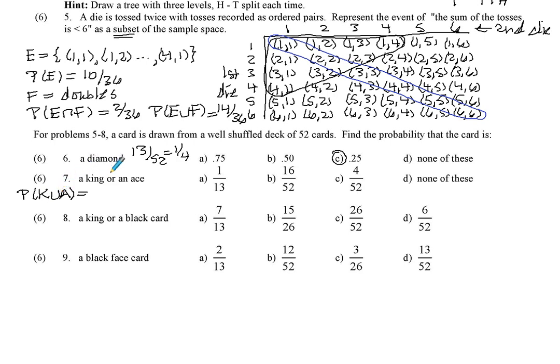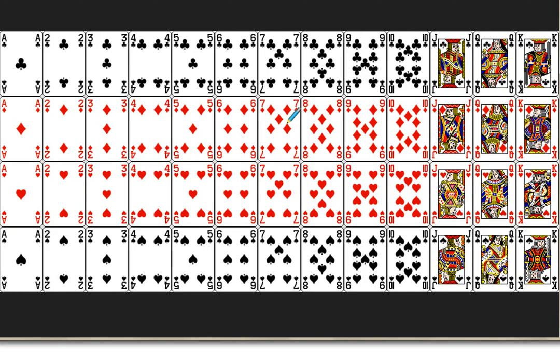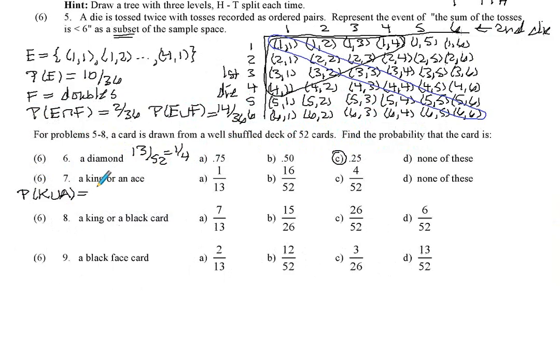So let's first count. Our kings are here, 1, 2, 3, 4 of them, and our aces are here, 1, 2, 3, 4 of those. So 8 out of 52. So that's if we count directly.